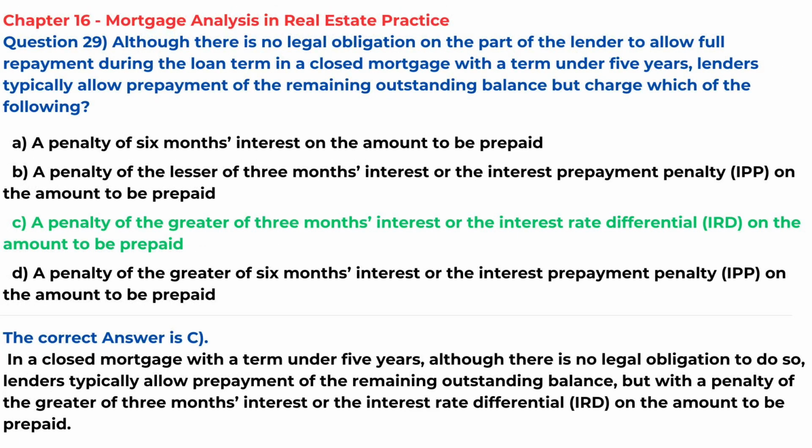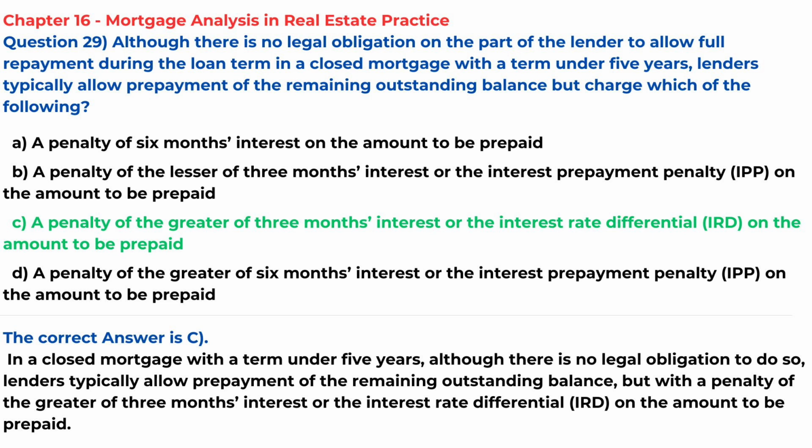Question 29. Although there is no legal obligation on the part of the lender to allow full repayment during the loan term in a closed mortgage with a term under 5 years, lenders typically allow prepayment of the remaining outstanding balance, but charge which of the following? The correct answer is C, a penalty of the greater of 3 months' interest or the interest rate differential, IRD, on the amount to be prepaid.